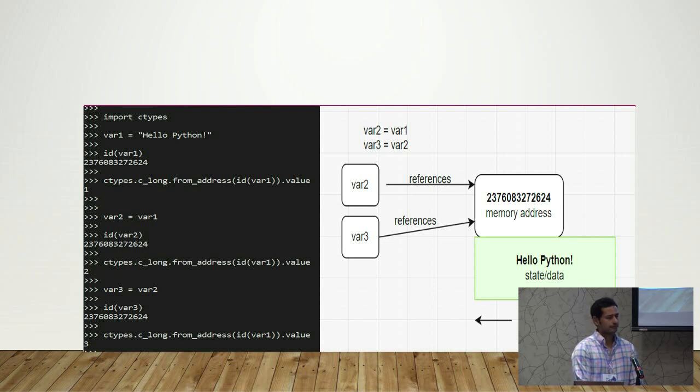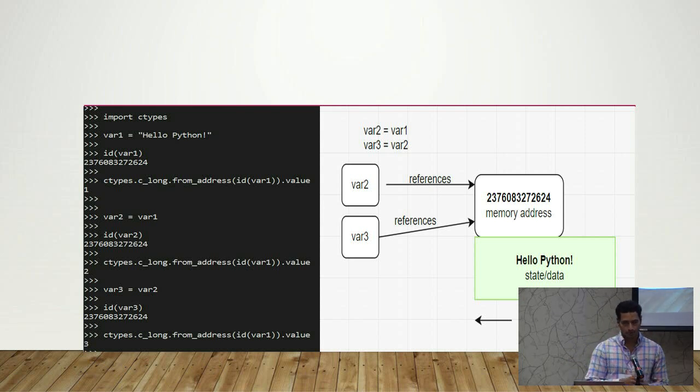So specifically here, for a string, when I created var1, it allocates some memory location, puts the value there, and var1 references that particular memory location. But here I went further. I assigned var1 to var2 and var2 to var3, as you can see on the right-hand side in the picture. And I did the same thing in the code on the left-hand side.